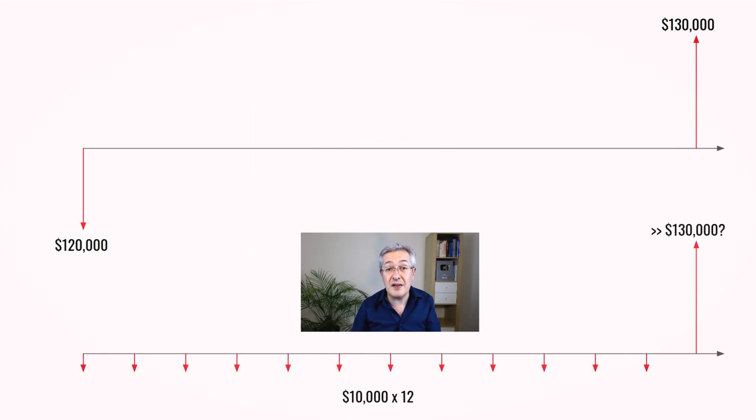So the comparison in this case would be 12 equal installments of $10,000 each. And then what we'll do is look at the value of those two different approaches calculated over the same period of time to see which is worth the most. So in this case, would the dollar cost averaged 120K be worth more than the lump sum invested, 120K?